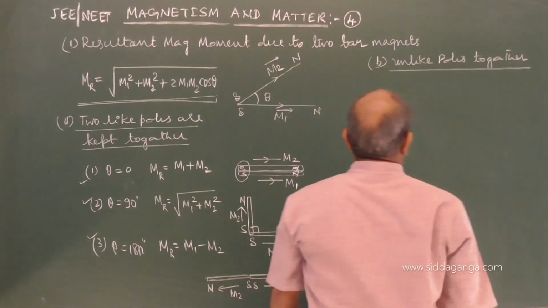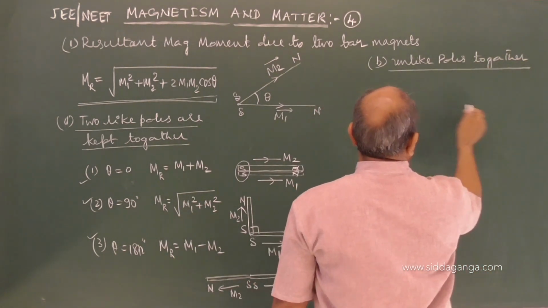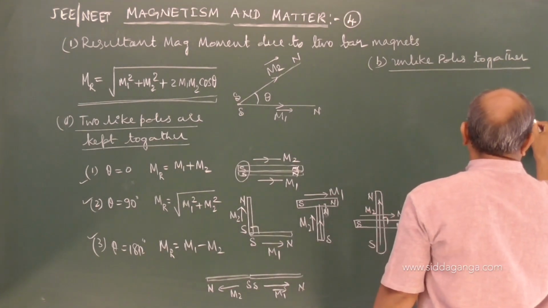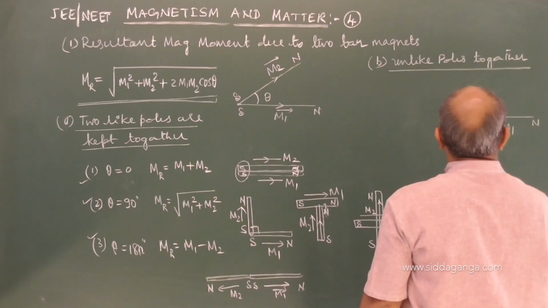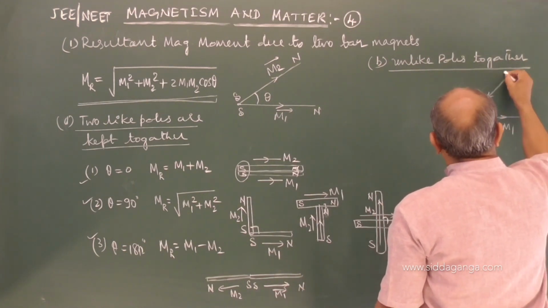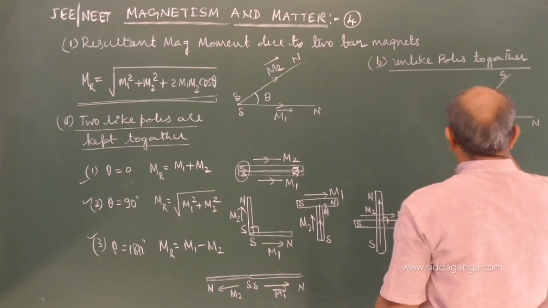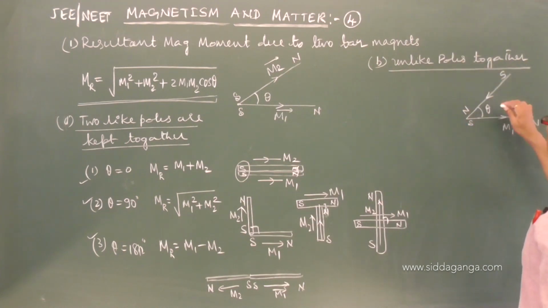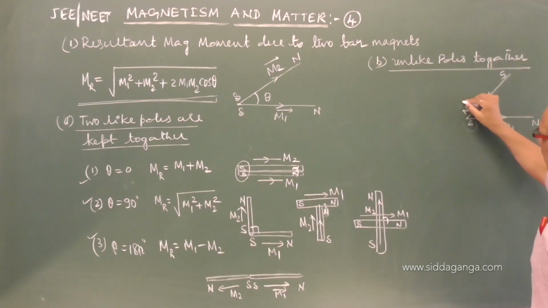When unlike poles are placed together, let us see the equation. This is S and N as M1 and the other is M2, this N and S. Theta is the angle. You can see that the unlike poles, N and S, are made common here.